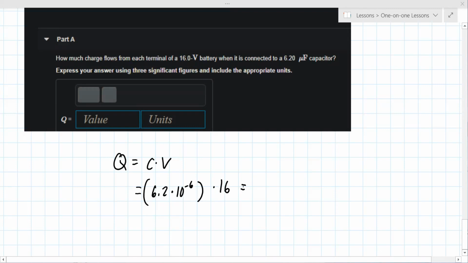So that's 9.92 times 10 to the minus 5 coulombs. All right, plugging that in.